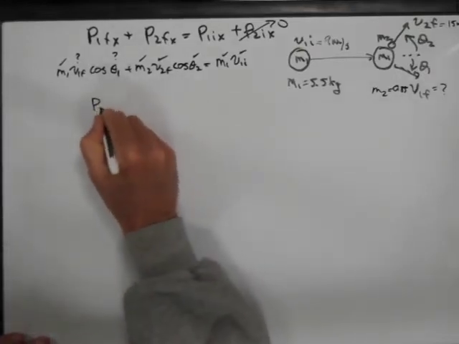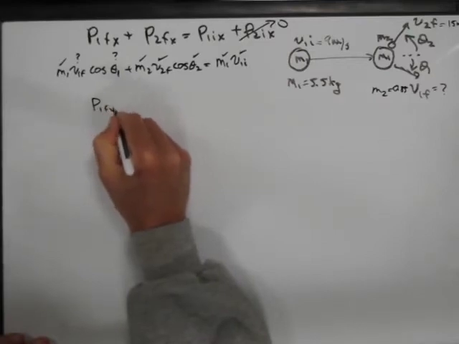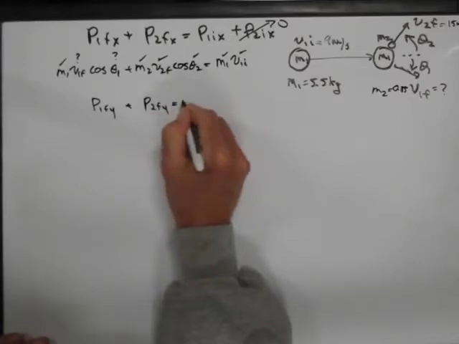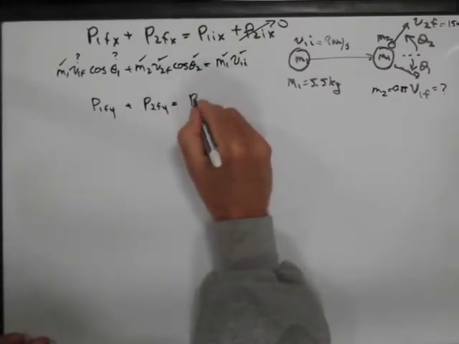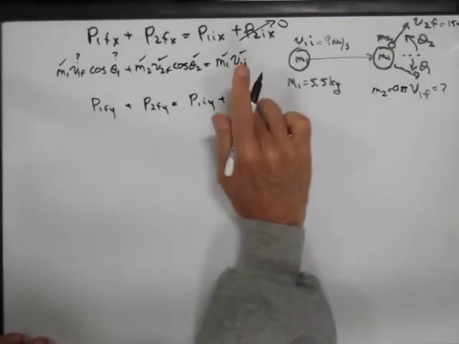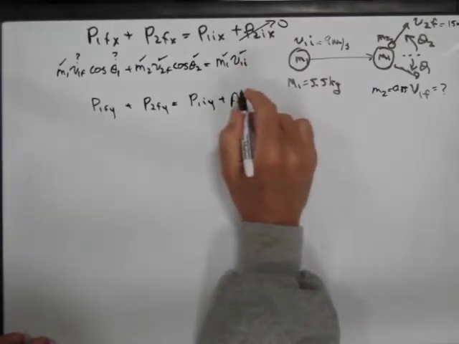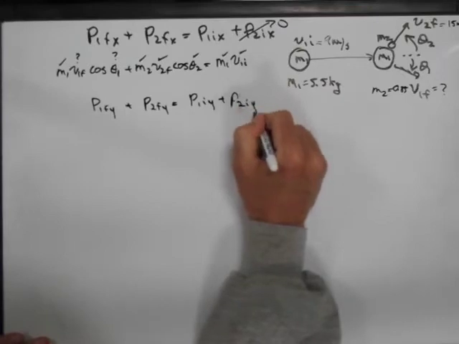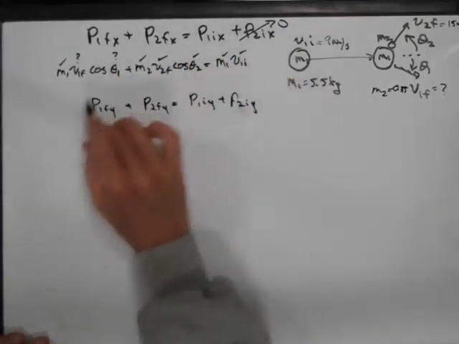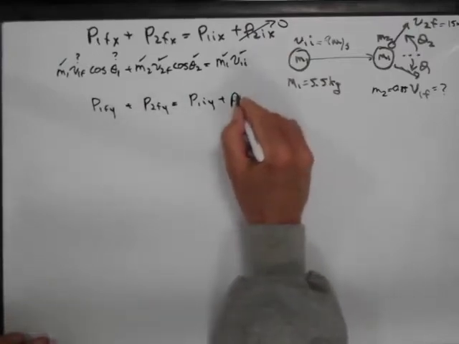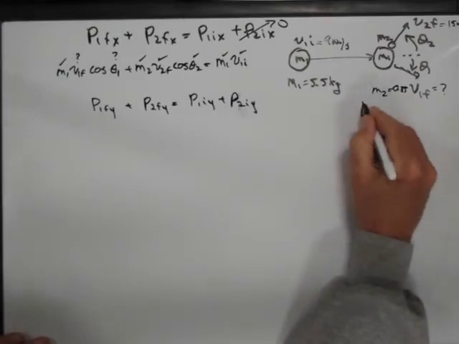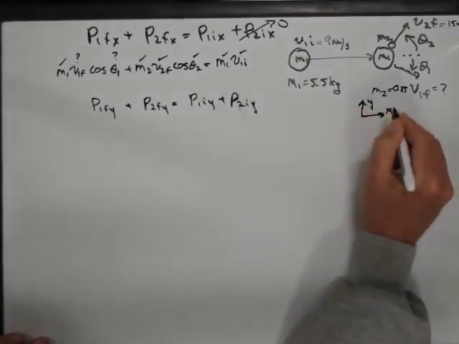And so I'm going to say P1 final y plus P2 final y is equal to P1 initial y plus P2 initial y. That is to say, this is conservation of momentum in the y direction, just as the previous was conservation of momentum in the x direction. That's true no matter how we pick our x and y, but we've chosen them this way.